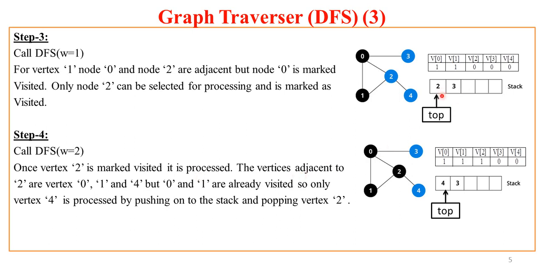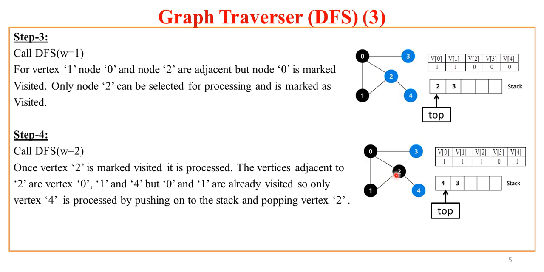Now as the topmost item is 2, with this 2 the algorithm will start exploring the next branch of the graph. As we are done with 2, that 2 is popped, and whatever nodes are adjacent to 2 are pushed, but only those nodes which are not yet processed.